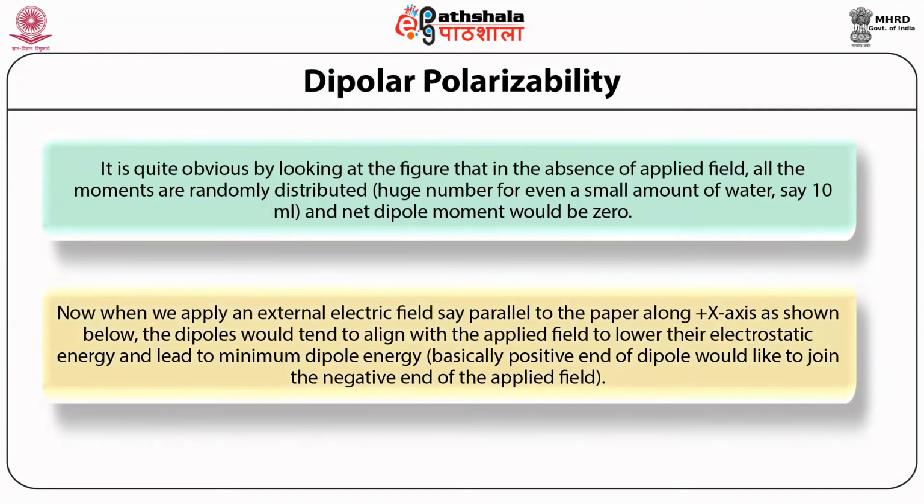Now when we apply an external field, say parallel to the paper along the x-axis as shown in the figure, the dipoles would tend to align with the applied field to lower their electrostatic energy and hence lead to minimum dipole energy.